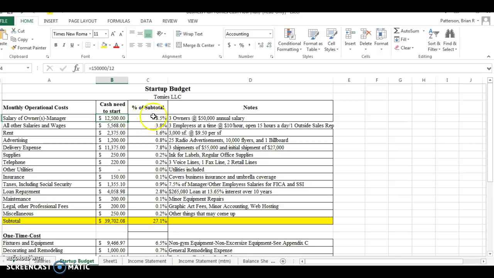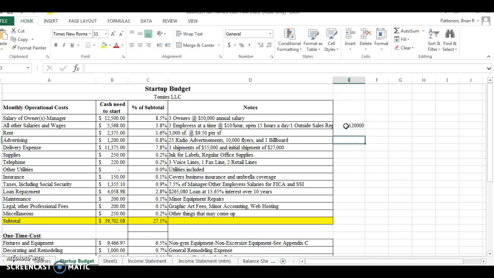For instance, let's say for the salaries of the owners, the three of you, your annual salary was $40,000 apiece, times 3.